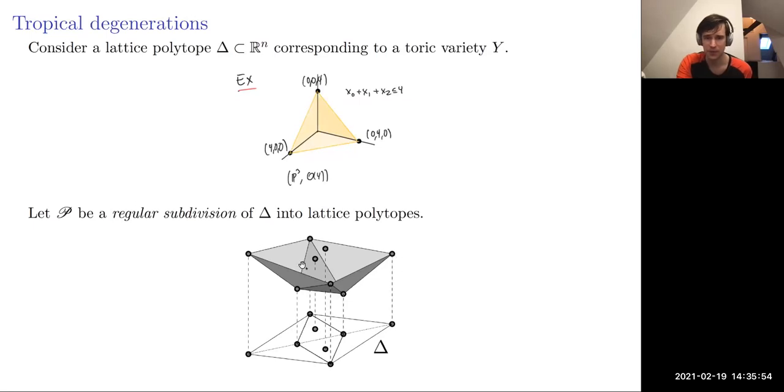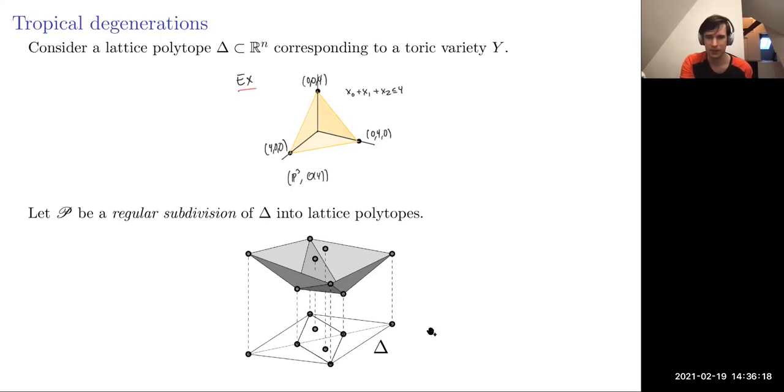This induces a subdivision by taking the graph and then projecting all the faces down to delta. So it's a special type of subdivision of a polytope that we'll be interested in, because they will give us degenerations of the toric variety Y.